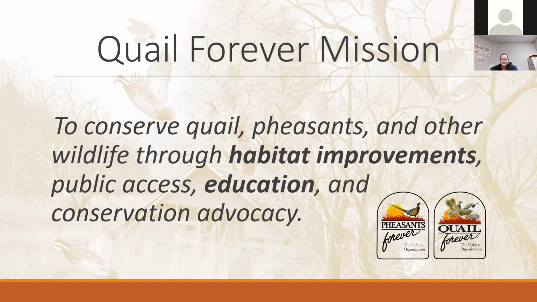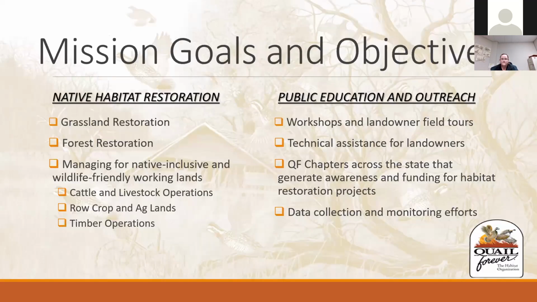As you can see, I have habitat improvements and education in bold because as biologists, these are the two aspects of our mission that Katrina and I really focus on with our work. So what do these habitat improvements and education look like on the ground? Habitat improvements that we focus on include grassland restoration, forest land restoration, and the management of native inclusive and wildlife friendly working lands.